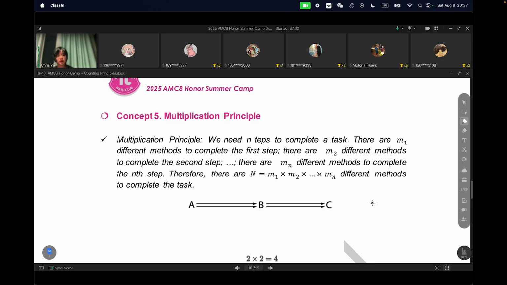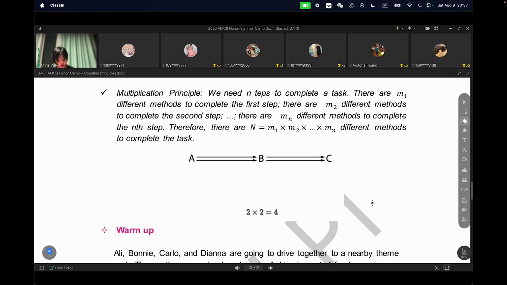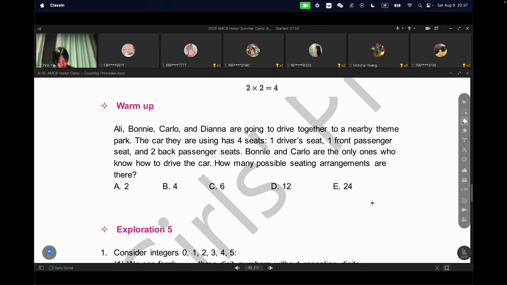So let's say there are a certain number of methods for us to complete the first step, M1, then M2 different methods to complete the second step, and so on. Then there will be M1 times M2 times all the way to whatever step you need, different methods to complete the entire task. So let's try with a warm-up question. So I'm going to isolate this.